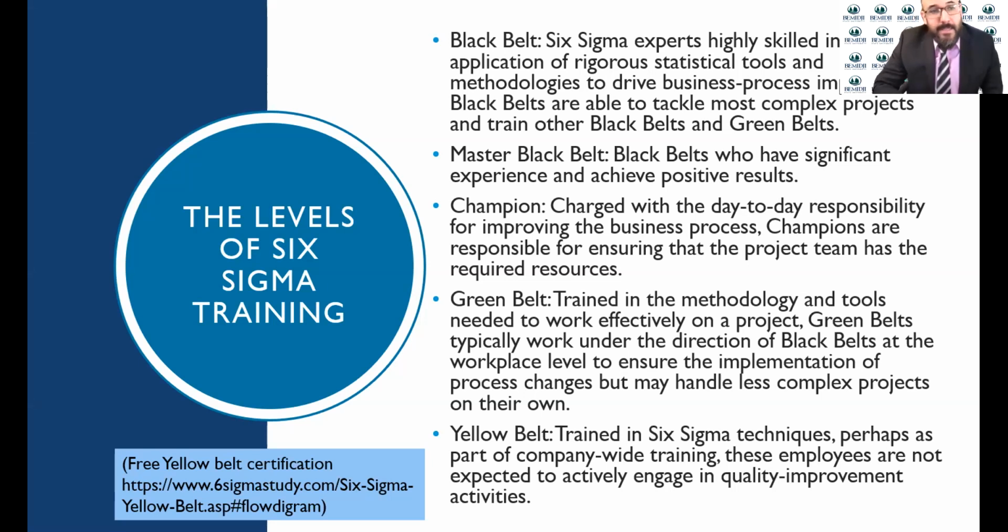Green belt, that's before the black belt. A black belt has extensive knowledge in statistics. A green belt is trained in the methodology and tools needed to work effectively in a project. Green belts work under the direction of a black belt, and they are basically familiar with the DMAIC process, the DMAIC phases.